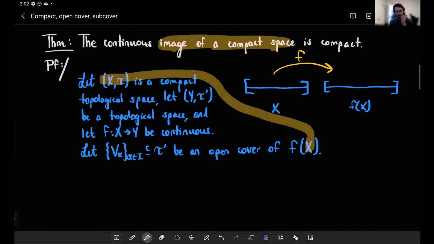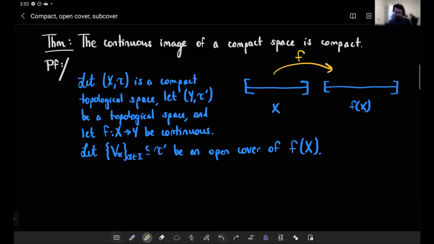X is that compact space. So we're considering an open cover of the image of X. That's why, if F is surjective, then the image is all of Y, but maybe F only lands here or something. So maybe that's the image. Who knows? We're being as general as possible.